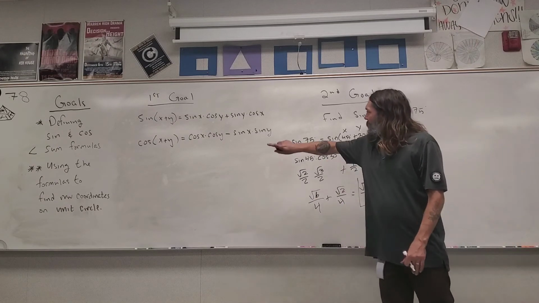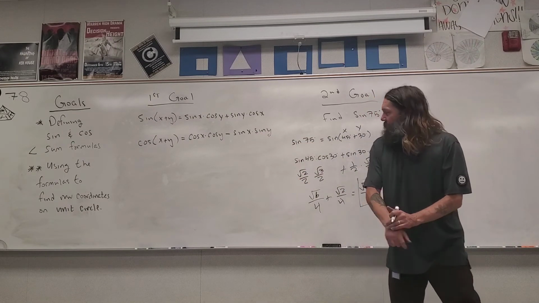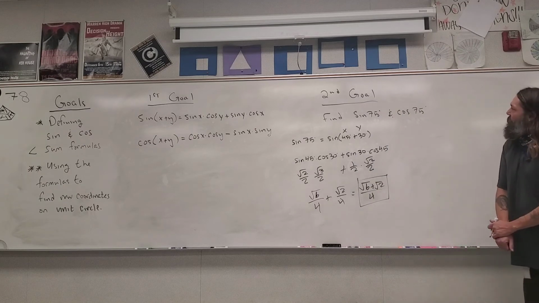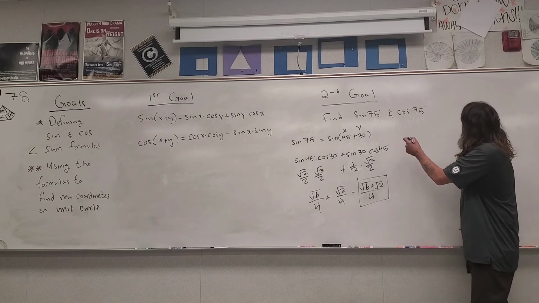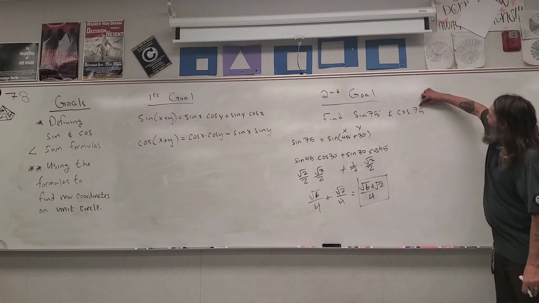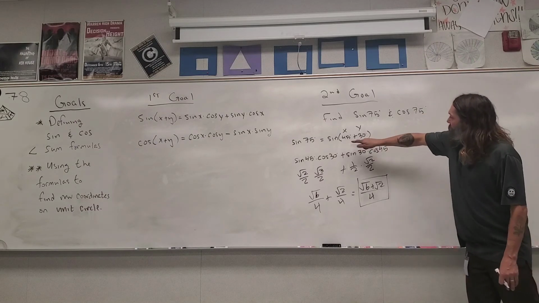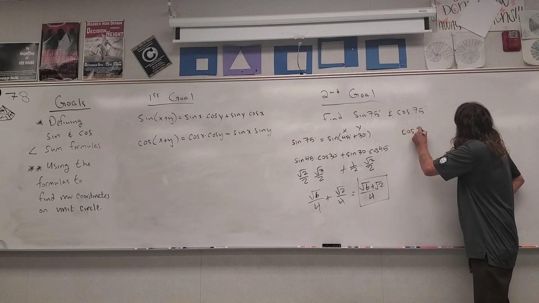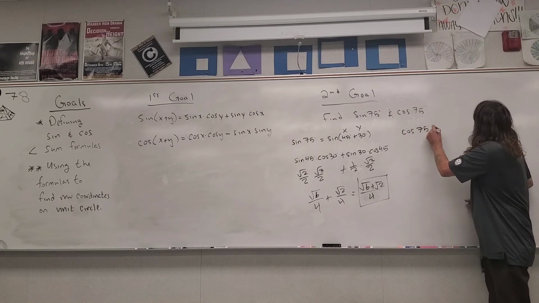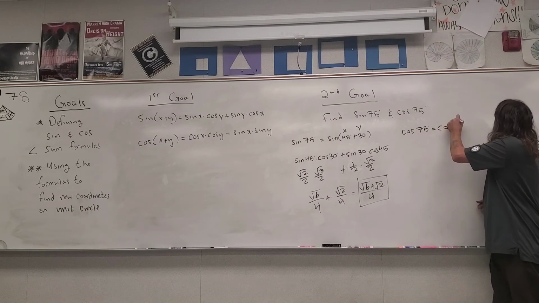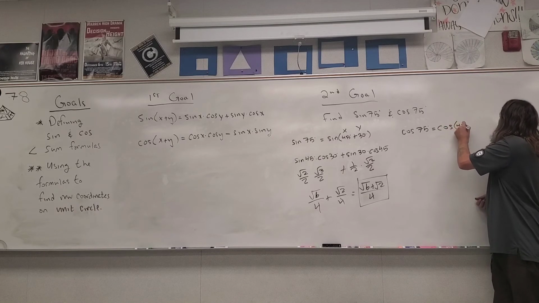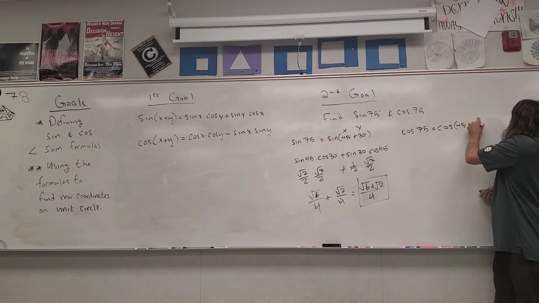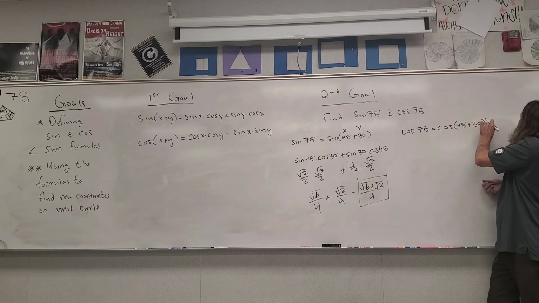Now I'm going to find my x coordinate at 75 degrees. I'm going to follow the formula. Again, like before, I know that I can rewrite 75 degrees using these two angles. So it'll be cosine of 75 degrees, and that's equal to the cosine of 45 degrees plus 30 degrees. Oh, inside, not outside.